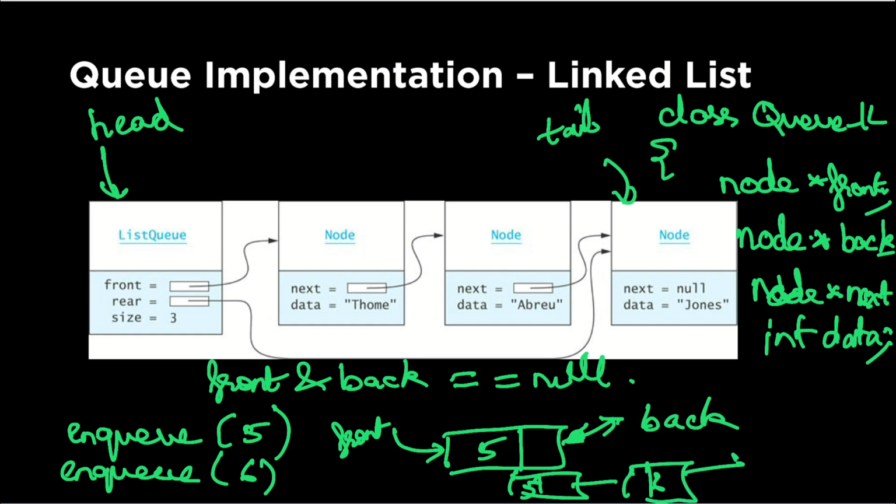And the rear, or the back one, will now be pointing to the back of the linked list. I'm not going into depth for this, but basically the rear will always point to the last element in the list, and the front one will point to the first element. And as we insert or delete elements, we are manipulating the pointers.